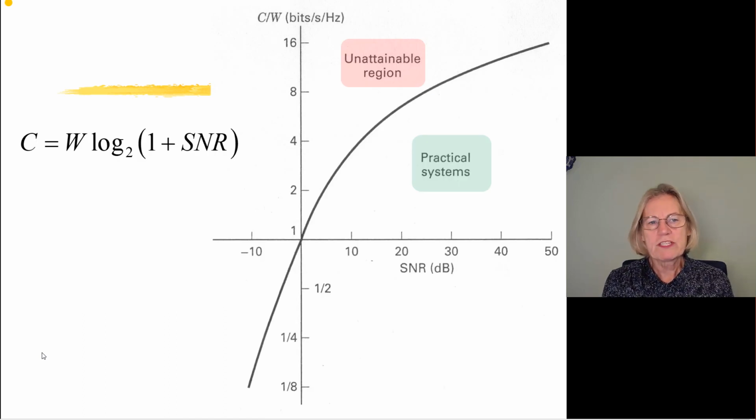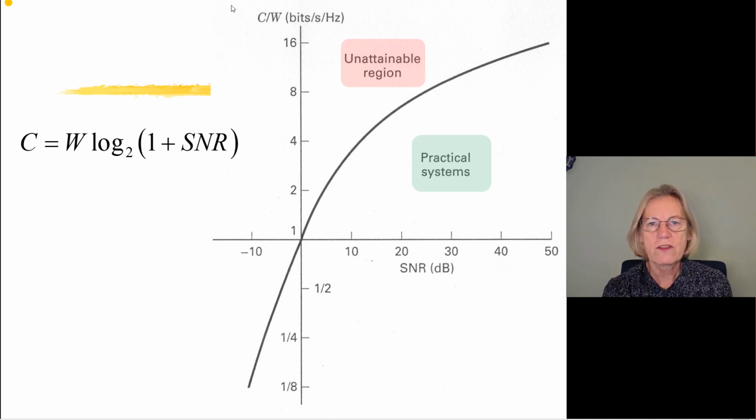So if we were going to take this very simple equation for the additive white Gaussian noise channel, and plot on the x-axis signal to noise ratio, and on the y-axis this channel capacity, let's say I normalize the channel capacity to make it C divided by W, the capacity divided by the bandwidth, then I would get a curve that looks something like this, log 2 of 1 plus the signal to noise ratio.